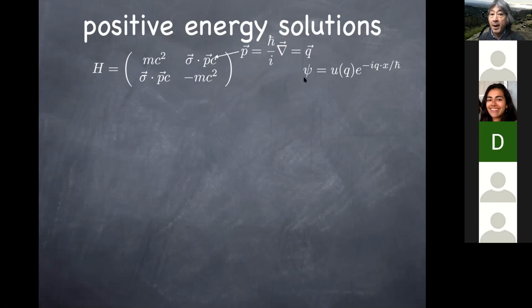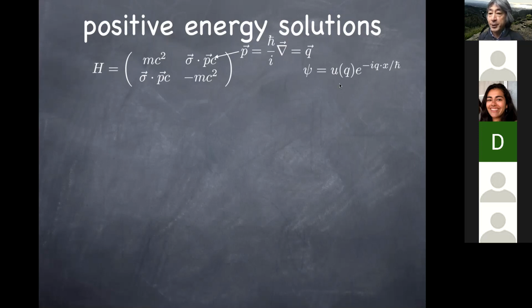But when you solve for the negative energy solutions, it's awkward to talk about negative energy, so I'd rather keep the q vector always corresponding to positive energy. So the negative energy solution would correspond to putting a plus sign here instead. But if you do that, then this derivative operator would pull out negative q from this wave factor. And that's what I'm going to do on the next slide.